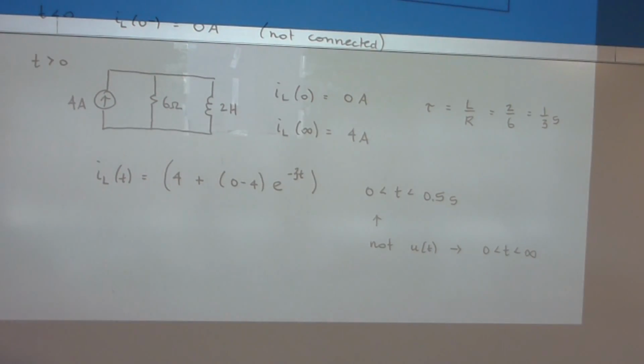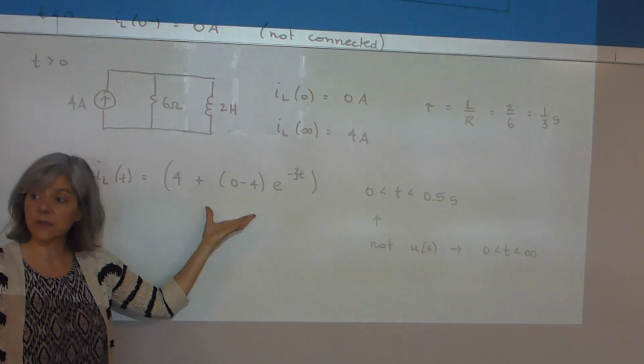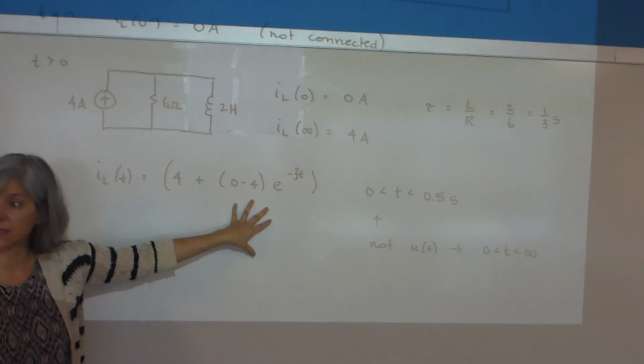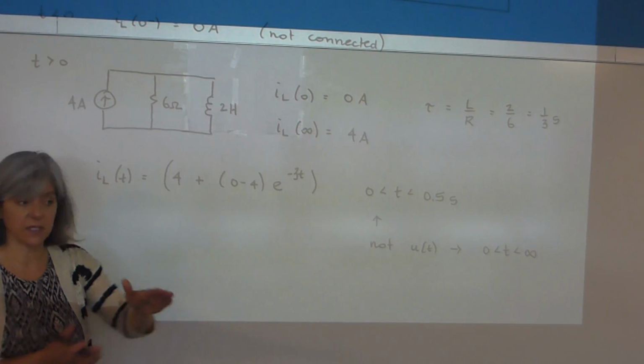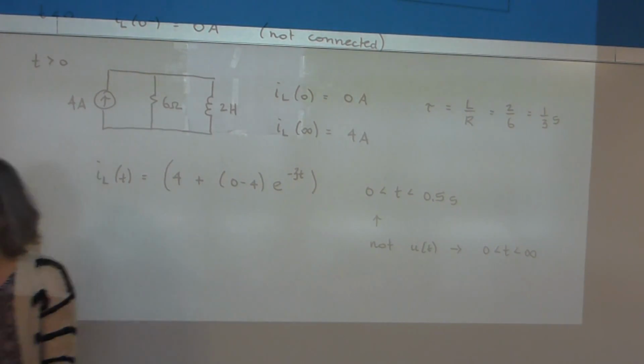I need to find out where I was at 0.5 seconds. So where I was in the previous circuit at 0.5 seconds, I just plug in 0.5 and get a number. That's my ending point here, which is my starting point in the next piece. That's how I keep my current definition continuous from one piece to the next.